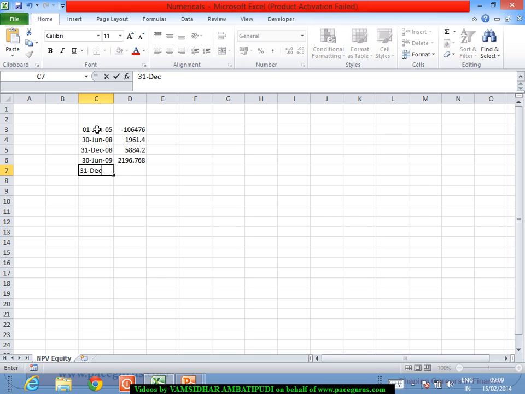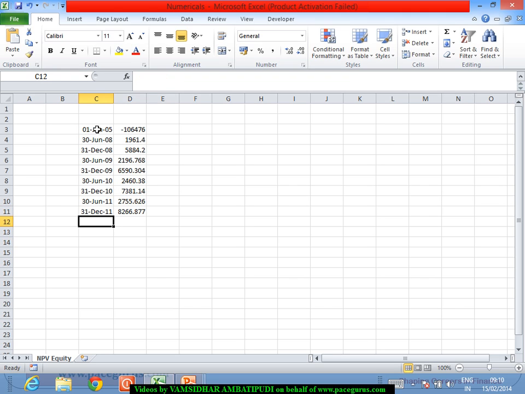Similarly, on 31st December 2009, this number was increased by 12%. So this was the dividend. Similarly, on 30th June 2010, again this number got increased by 12%, and 31st December 2010, this number got increased by 12%. Similarly, 30th June 2011, we had this number increased by 12%, and 31st December 2011, this dividend got increased by 12%.